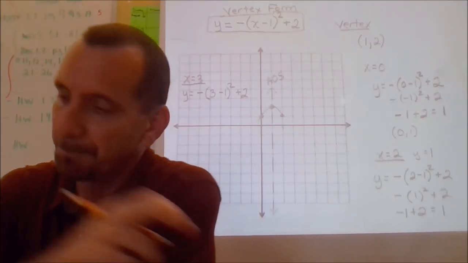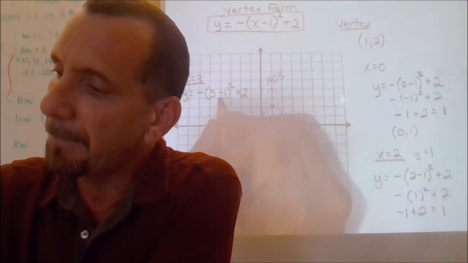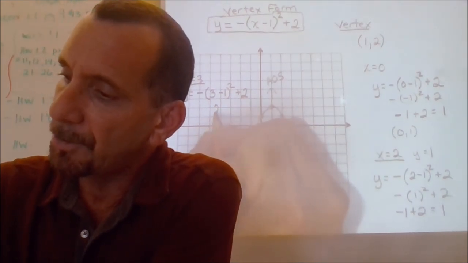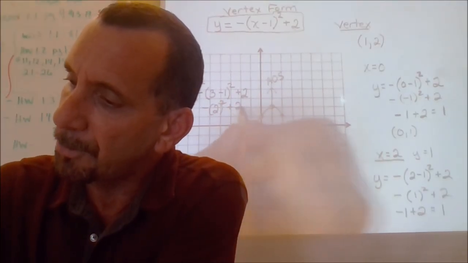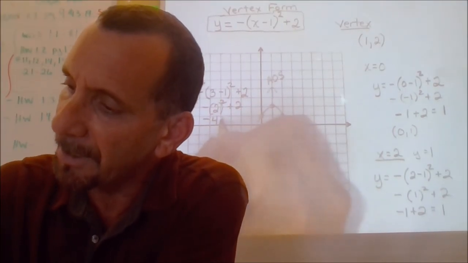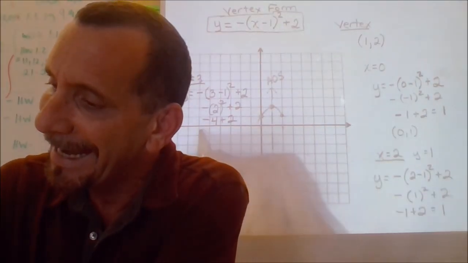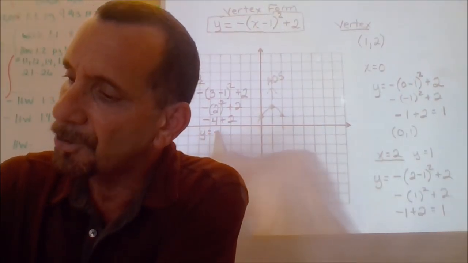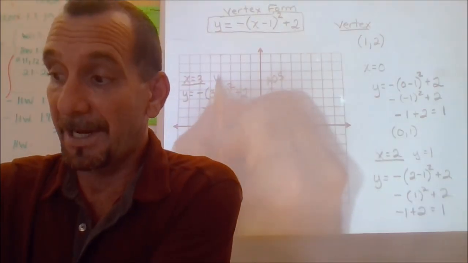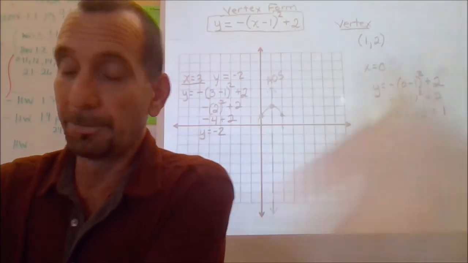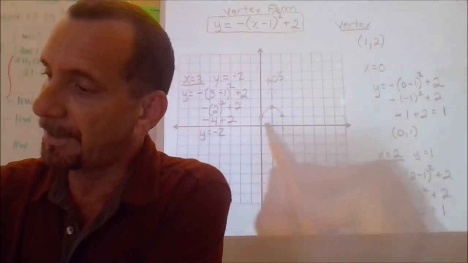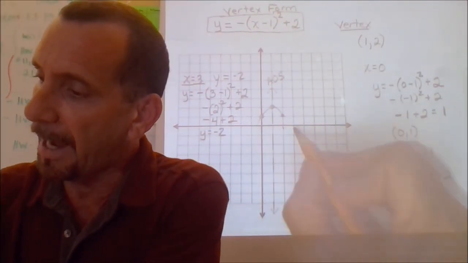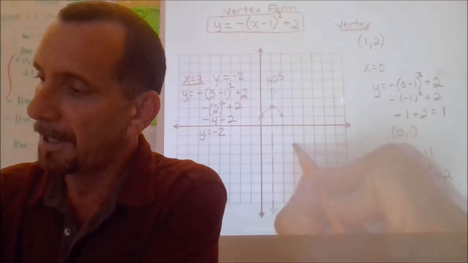Let's see. 3 minus 1 is 2 squared, which is 4. With the negative, that's negative 4, plus 2, which is negative 2. Did you get negative 2? When x is 3, y is negative 2.